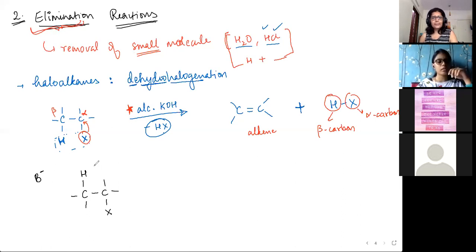Why does it happen again, ma'am? It's the interaction between the alcohol and KOH, simply put. You guys had done equilibrium last year, right? Like how acids and bases behave. Water is neutral, you have equal amounts of H plus and OH minus.